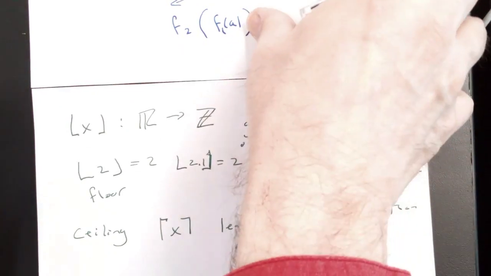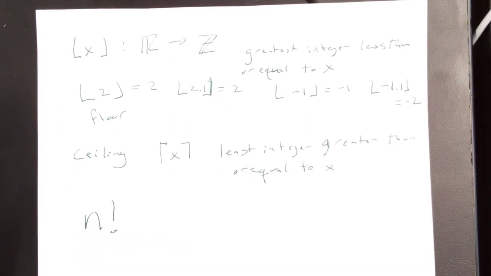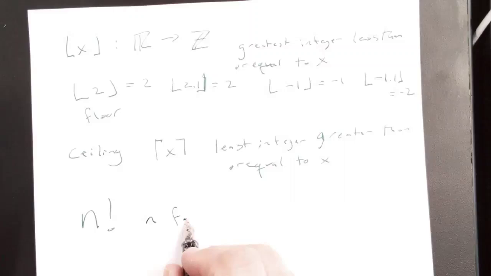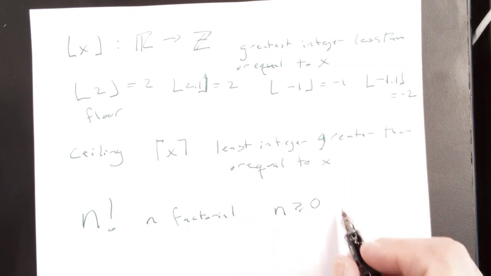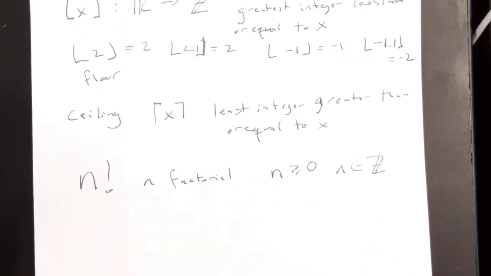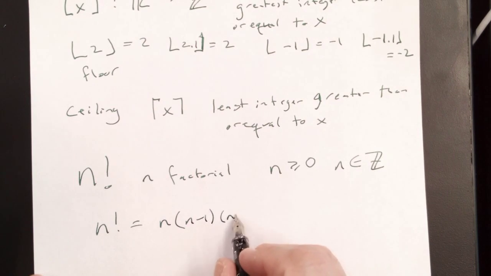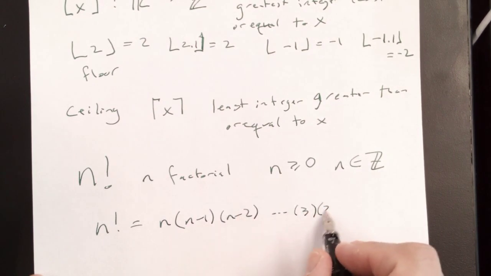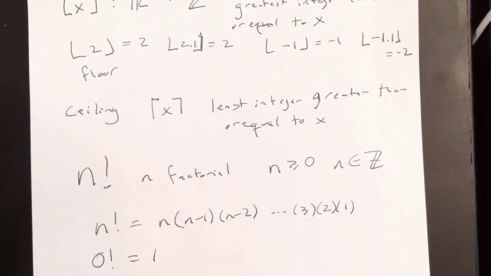There's also an integer function that is not n, that's n factorial. It's only defined for non-negative integers. And n factorial is n times n minus 1 times n minus 2, dot dot dot, times 3 times 2 times 1. With one exception, 0 factorial is defined to be 1.